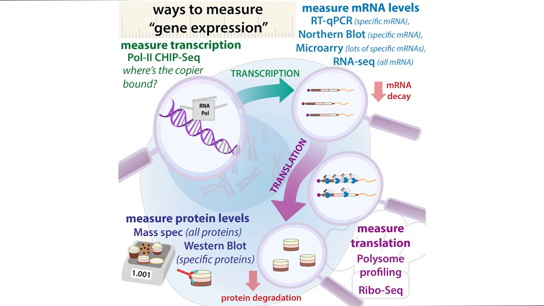We can use RT-qPCR, northern blot, microarray, RNA sequencing. We can measure how well copies of mRNAs are being translated, and that would be polysome profiling, ribosome sequencing. We can measure the levels of the proteins. Mass spectrometry will measure all the proteins. We can use a Western blot. We'll talk more about that in a minute, but that allows you to use antibodies to detect specific proteins.